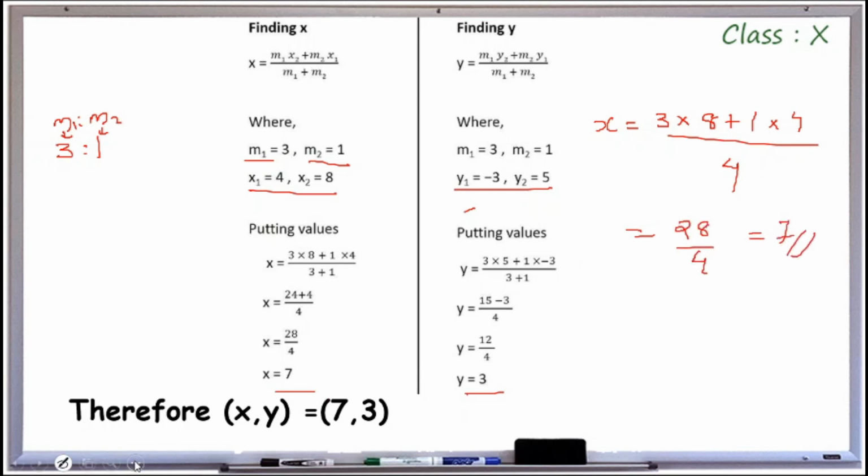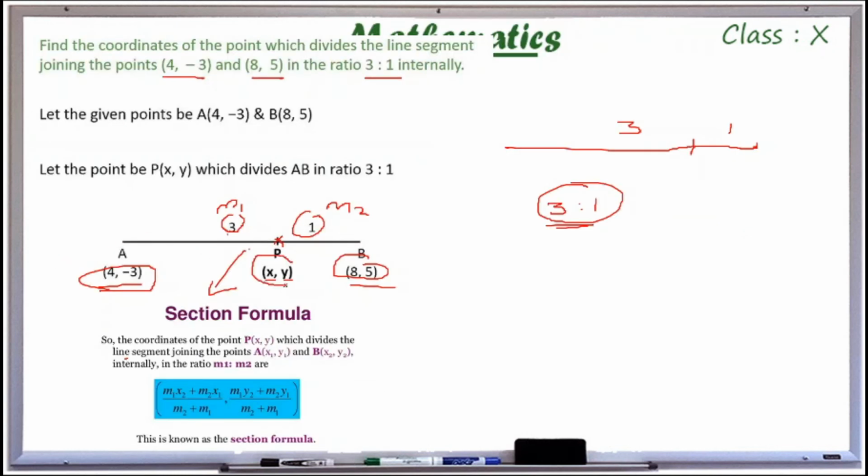So we get x value 7. Coming into the y value, we get 3. So therefore x comma y is equal to 7 comma 3. This point is 7 comma 3.